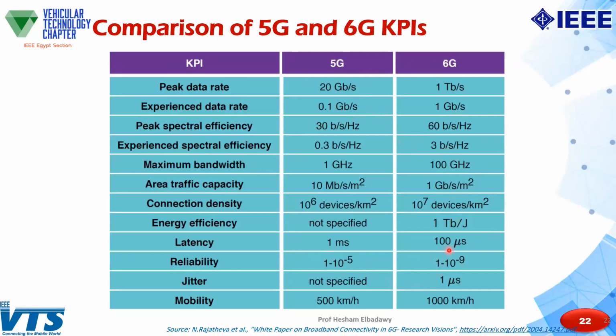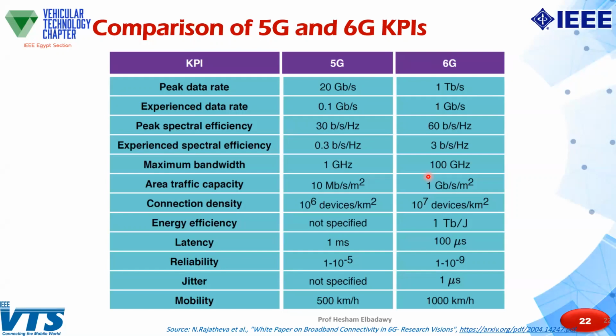This is what we can summarize of what we are talking about, the difference between the 5G and 6G KPIs. This is very important for researchers, because if you are promoting a new algorithm or new technique, you have to check that your outcomes fulfill these required or improved values.